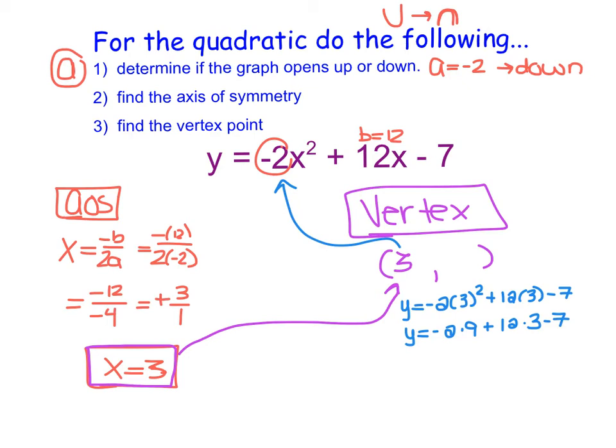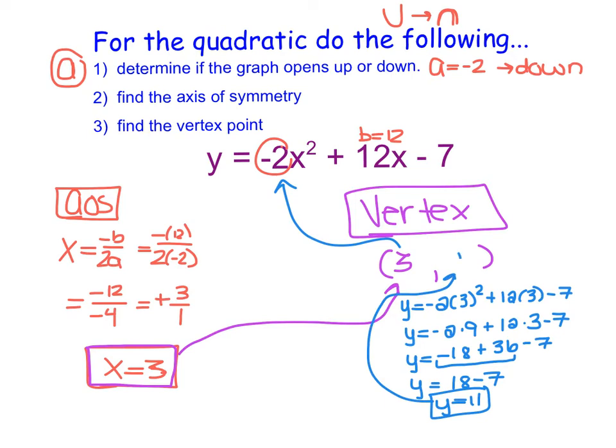So now we do all the multiplication, so I have y equals negative 18 plus 36 minus 7. Let's combine those two, so y is equal to, that's 18 minus 7, so y is equal to 11. So I would then take that y value and plug it in. So I would find that I have a vertex point of x is 3 and y is 11.